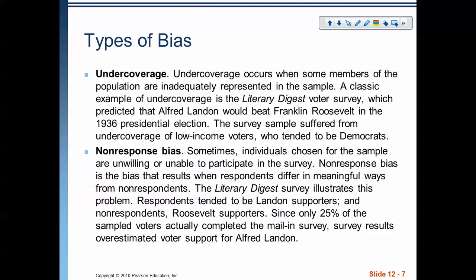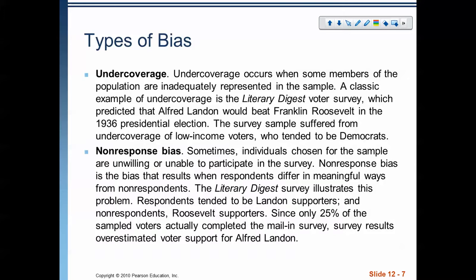And so why was this sample so wrong? Well, low-income voters who typically vote Democrat were not well represented in that sample, right? Literary Digest wasn't a thing that low-income voters typically subscribed to every month. You had a lot of very rich old white people answering the survey, and rich old white people tend to vote Republican.